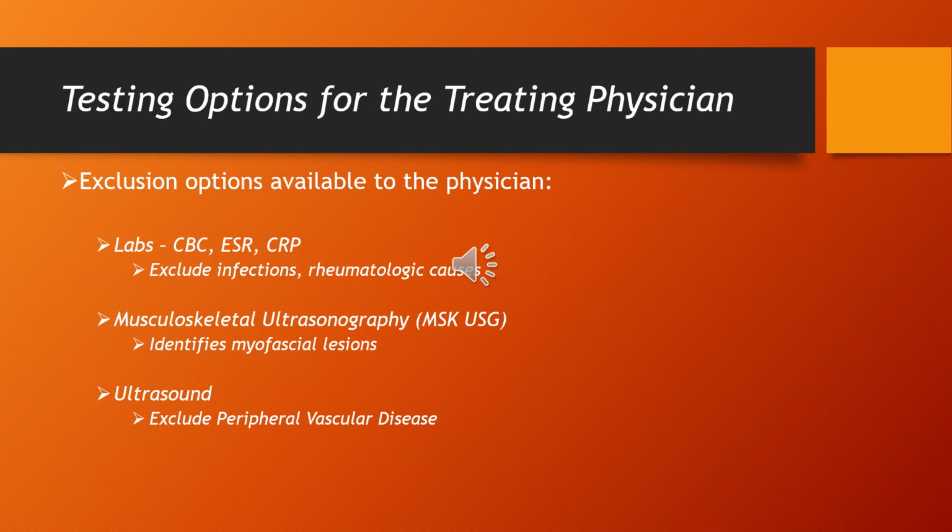Another diagnostic tool available is ultrasonography. This can identify myofascial structure lesions and can help us identify a neuropathic pain from CRPS, so there would be a differential diagnosis there. Next, we have ultrasound.